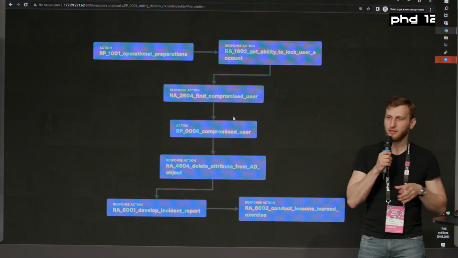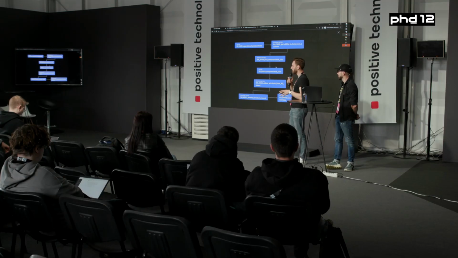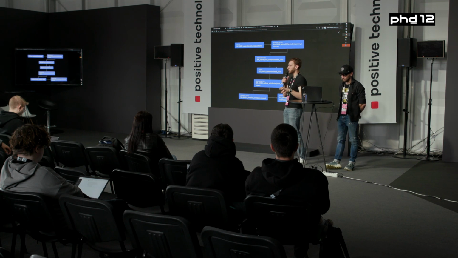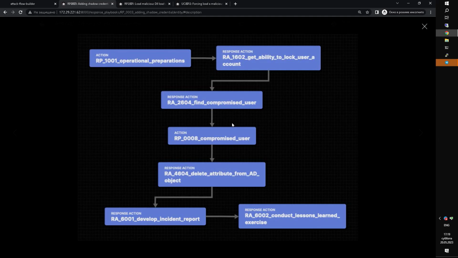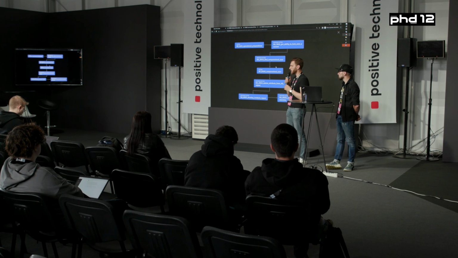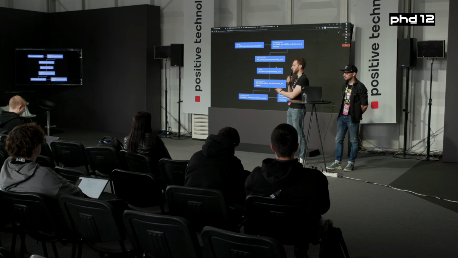So we took a different project, Attack Flow, and we made a fork so that we were able to create playbook schemes, not attack flows. As a result, we have this basic integration of Attack Flow with ERM&CK. You can see those rectangles are automatically filled with information from ERM&CK.